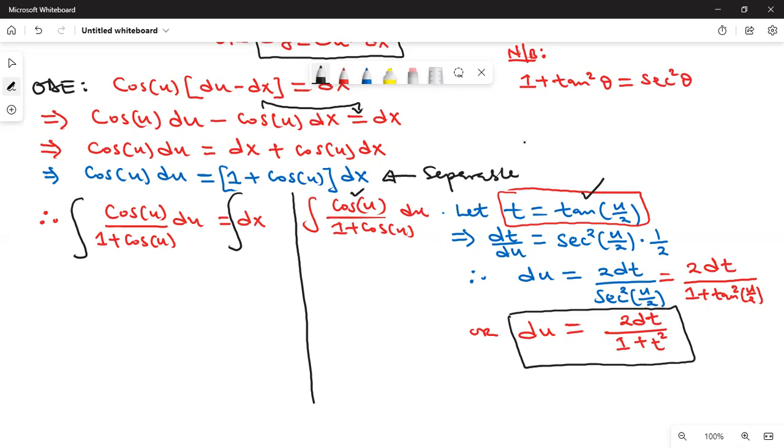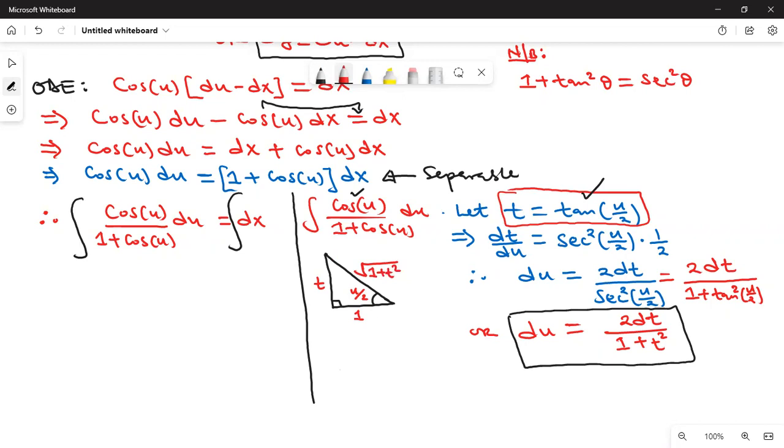So again, let me draw a right angle triangle so that the angle here is u over 2. Tan u over 2 is t over 1, so the opposite is t, and the adjacent is 1. Use Pythagoras theorem to get the hypotenuse, which will be the square root of 1 plus t squared.